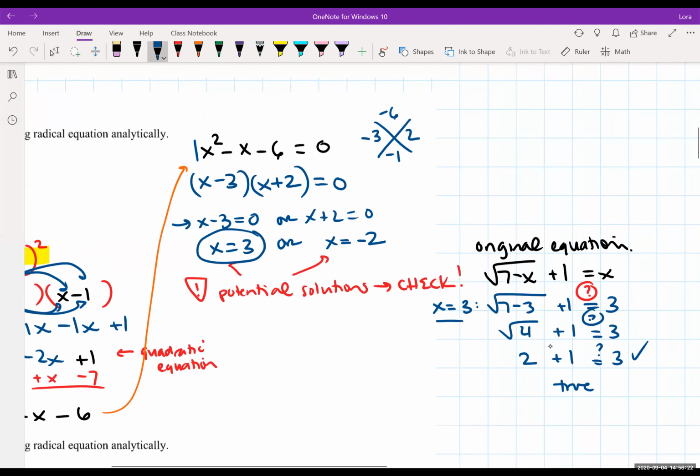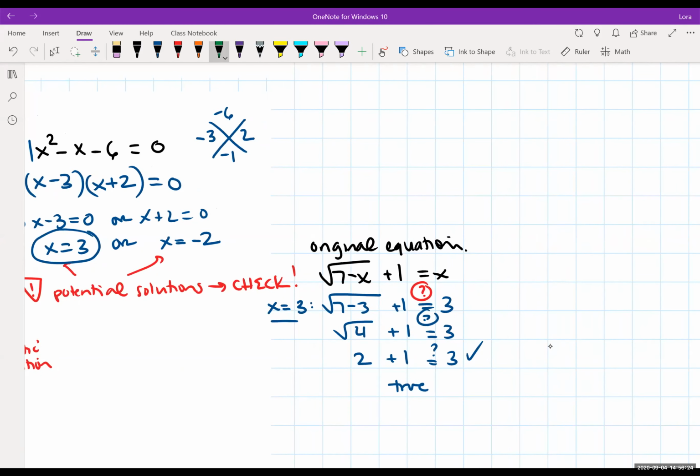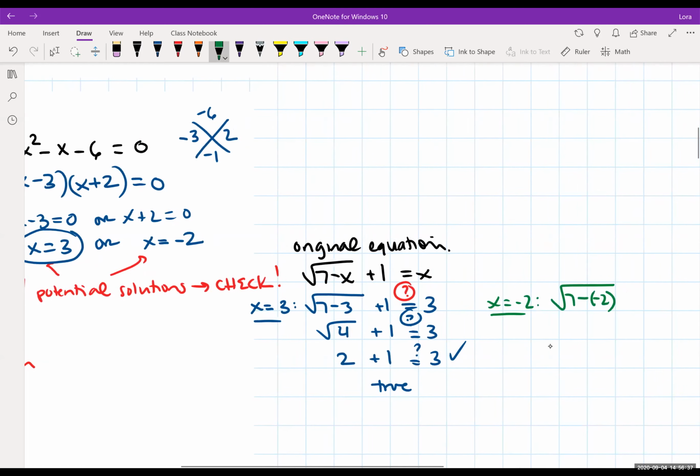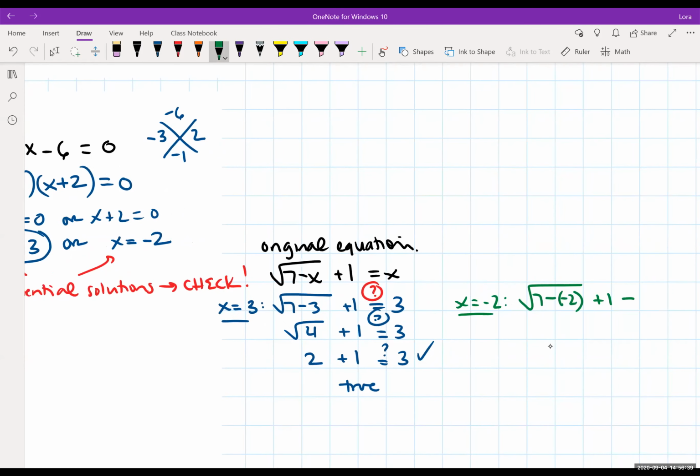We will do the same thing for x equals -2. So I'm going to plug this in. I have square root of 7 minus a -2. Be careful there. Plus 1 equals -2. And again, it's a question mark. Now, if we take a little time to simplify, we have the square root of 9 plus 1.